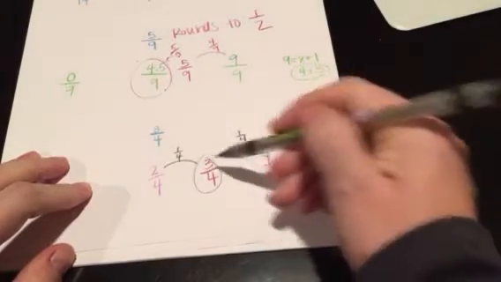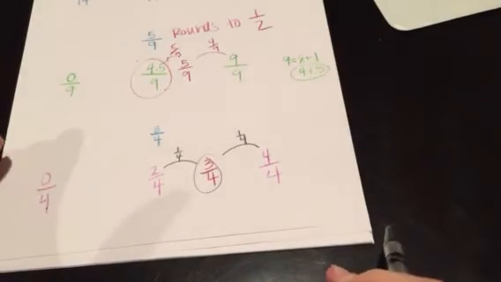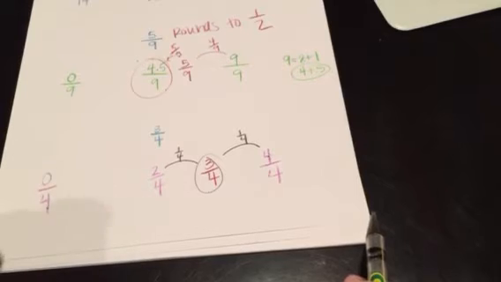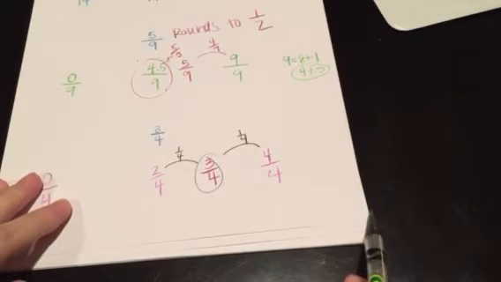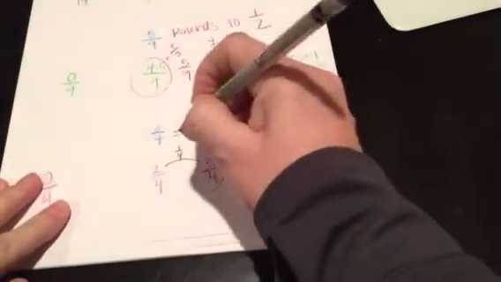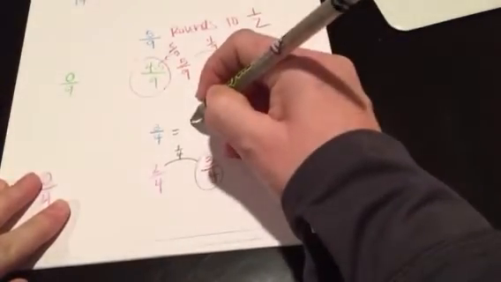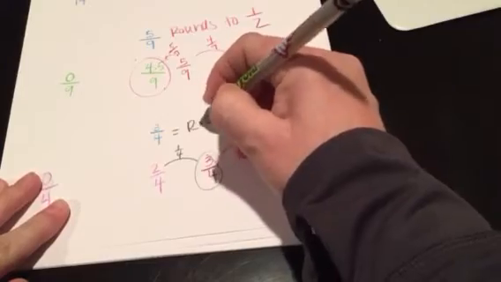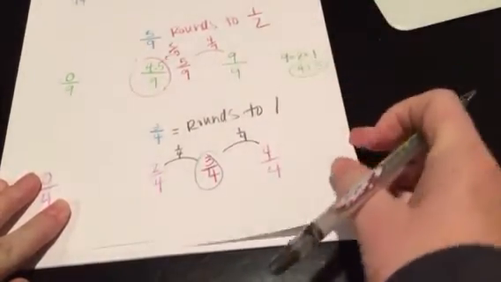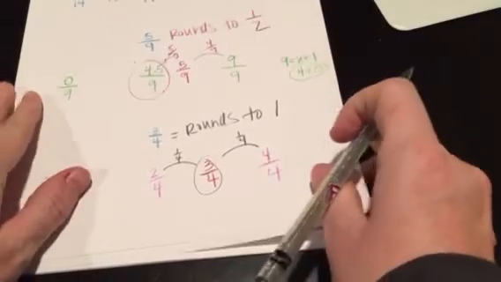In an instance like this, where our fraction falls directly in the middle, we go back to our rule for whole numbers. When we looked at 5, anytime we fell at 5 or directly in the middle, we rounded up. We're going to do the same thing with fractions. So 3/4 is going to round up to 1 whole.